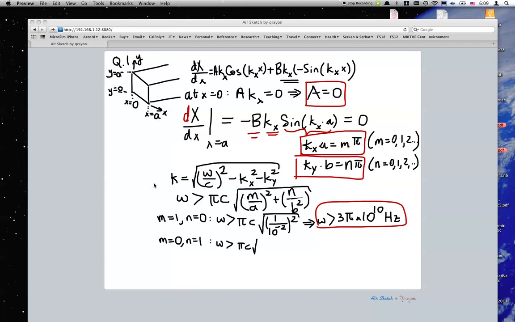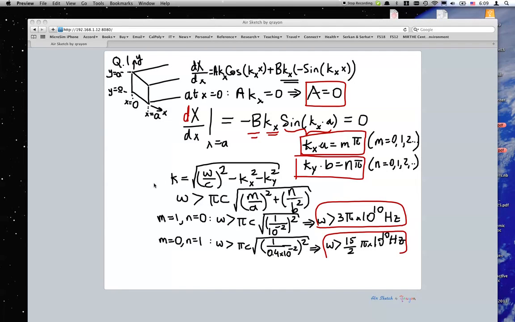I have, again, 1. However, the other direction is given as 0.4, so I have 0.4 times 10 to the minus 2, squared. Again, 0.4 comes out, so outside I will have 3 pi over 0.4. So 30 over 4, that's 7.5. So omega must be greater than 15 over 2 pi times 10 to the 10 hertz.